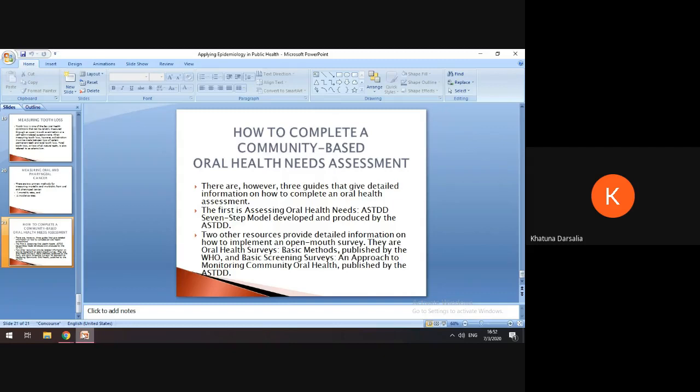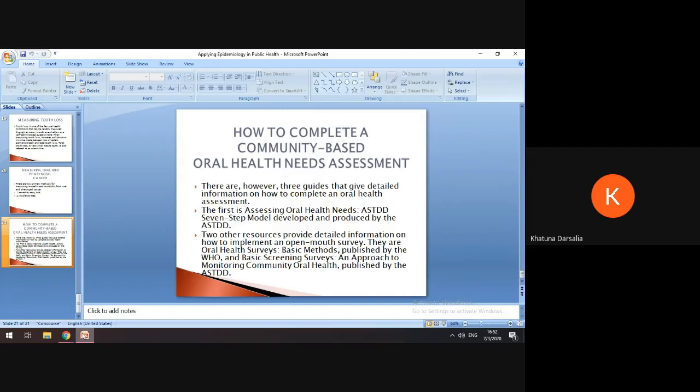Two other resources provide detailed information on how to implement an open mouth survey. They are Oral Health Surveys: Basic Methods, published by the World Health Organization, and Basic Screening Surveys: An Approach to Monitoring Community Oral Health, published by the ASTDD. Both references are extremely useful.